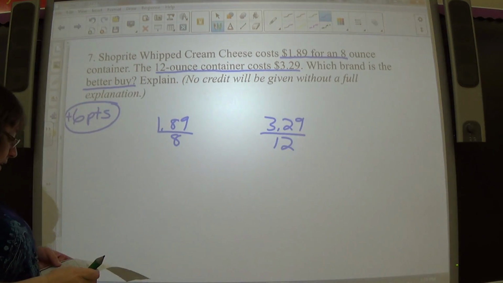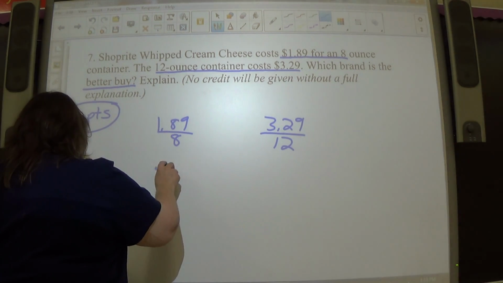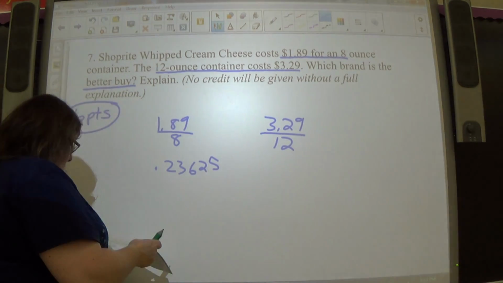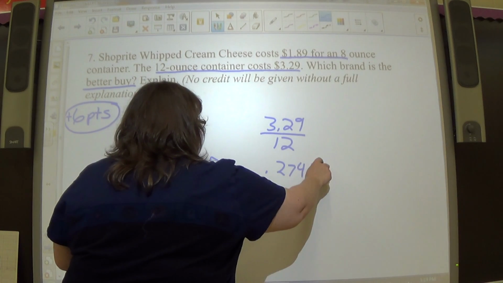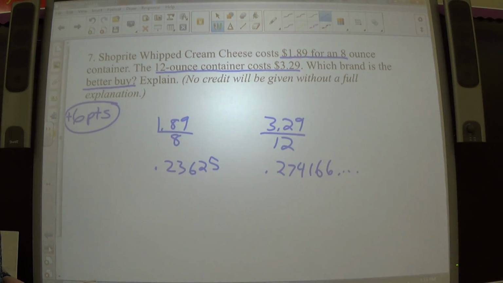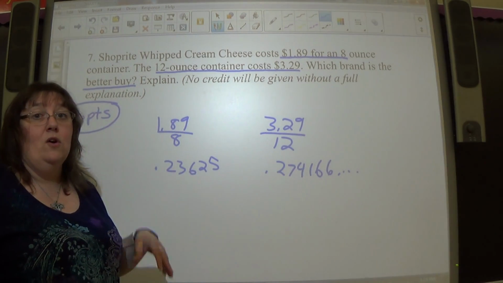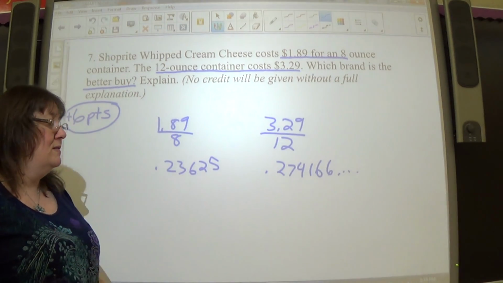So when you take 1.89 and divide by 8, you get 0.23625. When you divide 3.29 by 12, you get 0.274166, and the 6's repeat. Okay, now, 24 cents versus 27 cents. Which is the better buy? The 8 ounces.